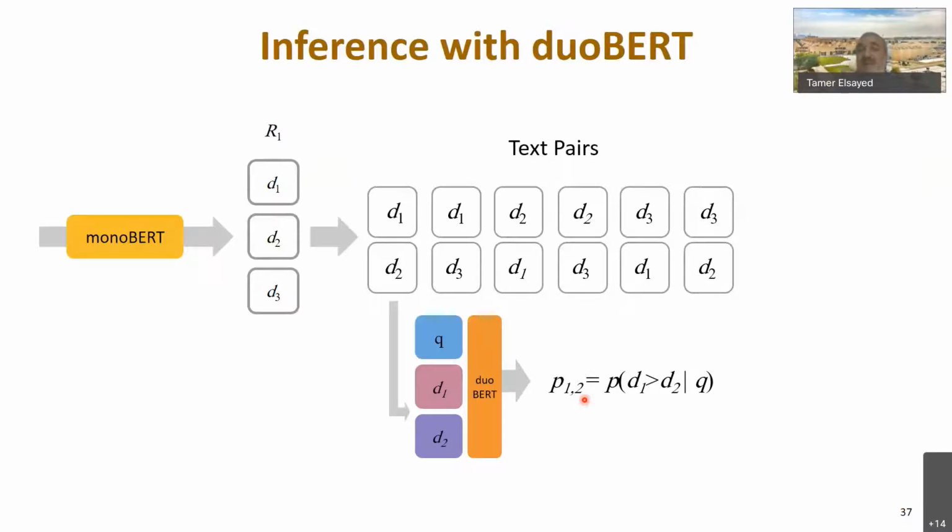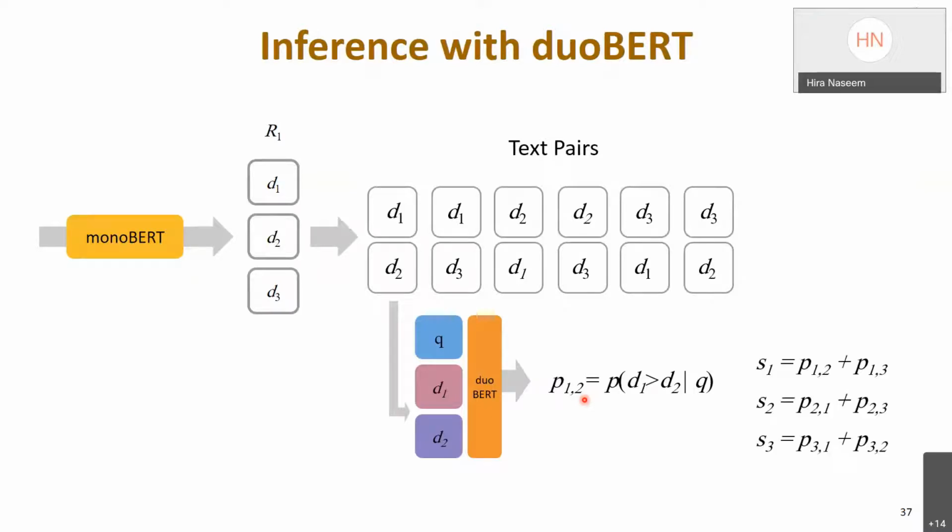Okay, fine. If that's the case, what is remaining? What should we do next? Re-rank them on the basis of this output. How? Which one is more relevant will be on the top. Yes, one way is to just add the probabilities for the corresponding documents. For example, S1, which is the score for document 1, will be P12 plus P13, whenever 1 is the first.